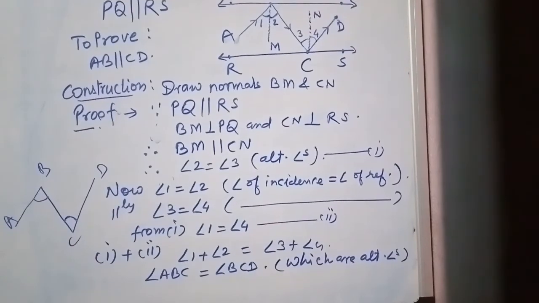So lines AB and CD are parallel. Therefore, AB will be parallel to CD, as proved. So this is your exercise 6.2. Okay.